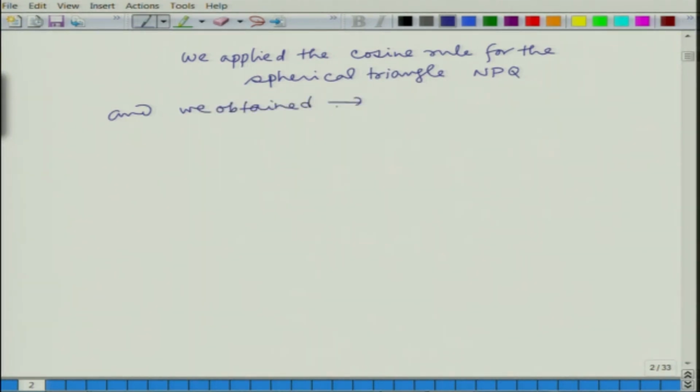How we are getting it is covered in lecture number 9. Let me write that. We obtained this particular relationship.